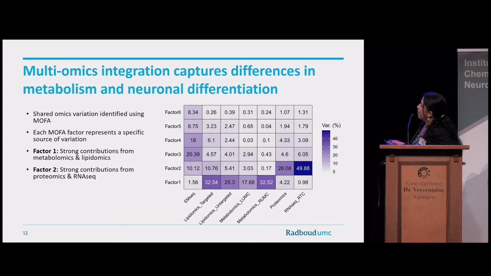Factor 2 has major contributions from the transcriptomics data, proteomics data, and also targeted lipidomics and methylation data. The rest of the factors, so factor 3 until 6, have major contributions from the methylation data. So we wanted to see what this means.